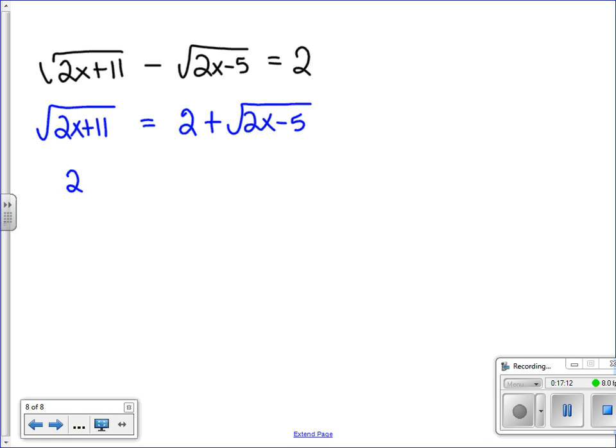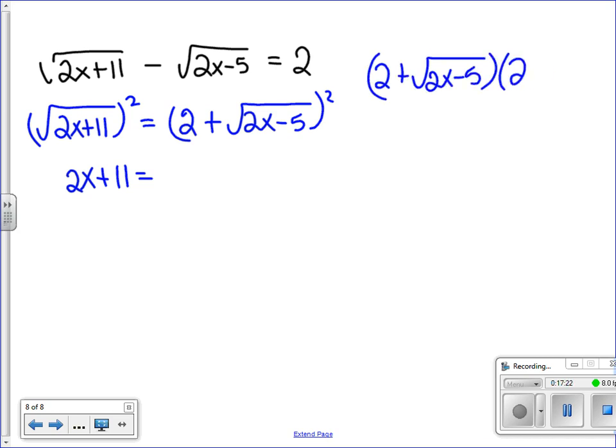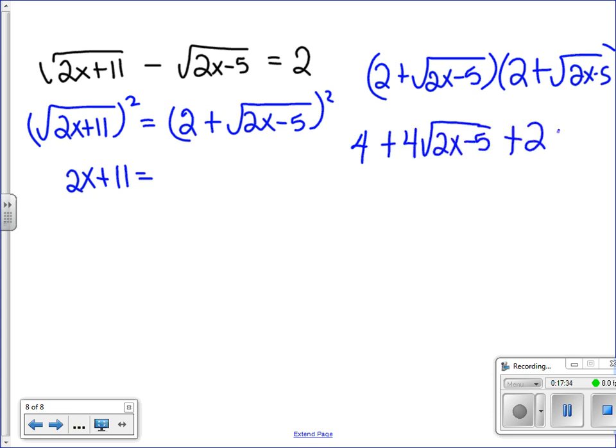When you square it, this is 2x plus 11. This right here, you should probably pay attention to what I'm doing because I saw your paper, is going to be 4 times 2x minus 5 plus 2x minus 5.